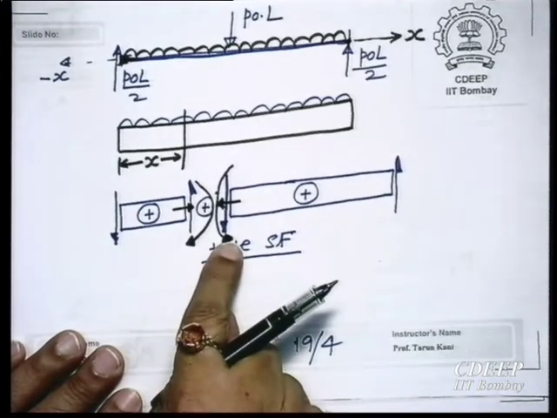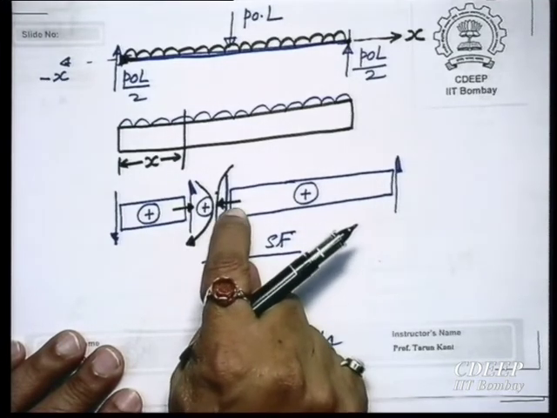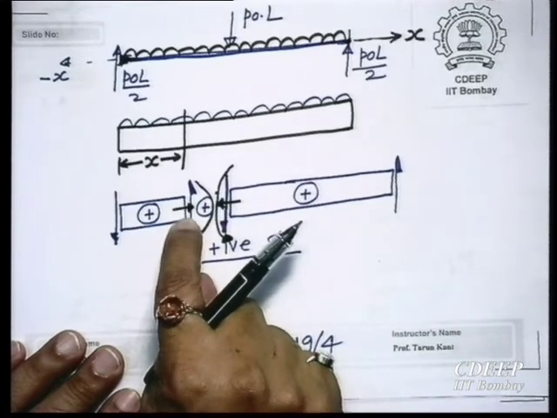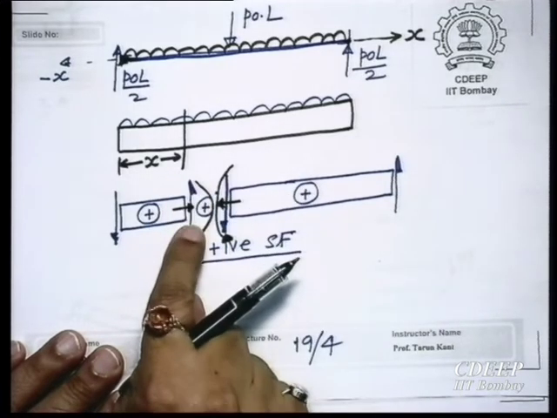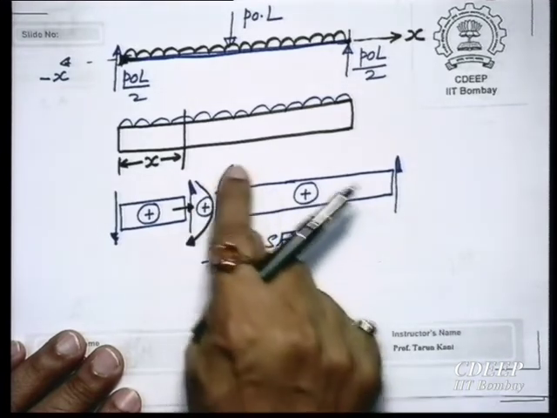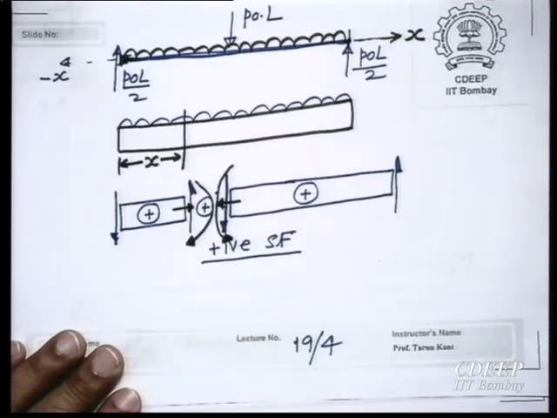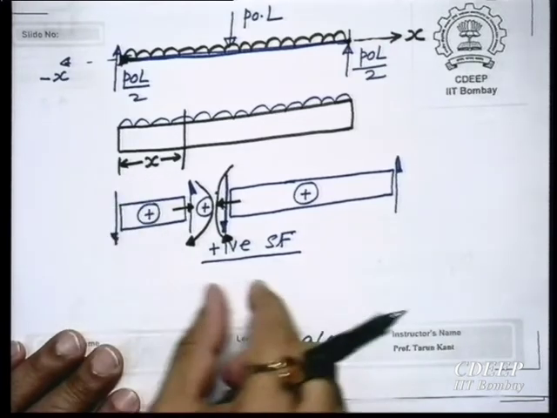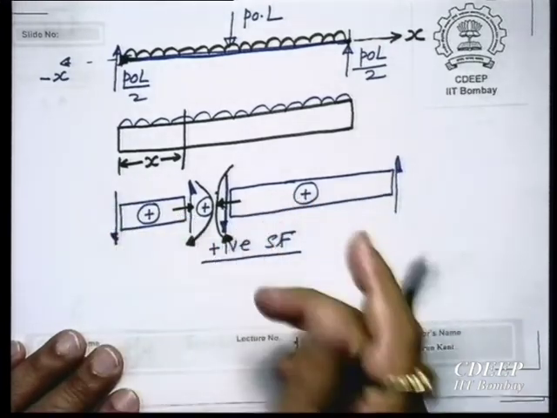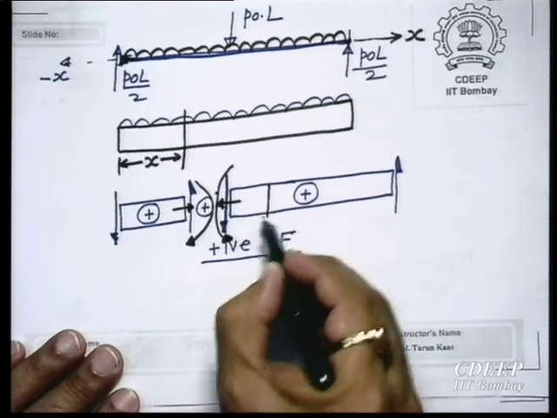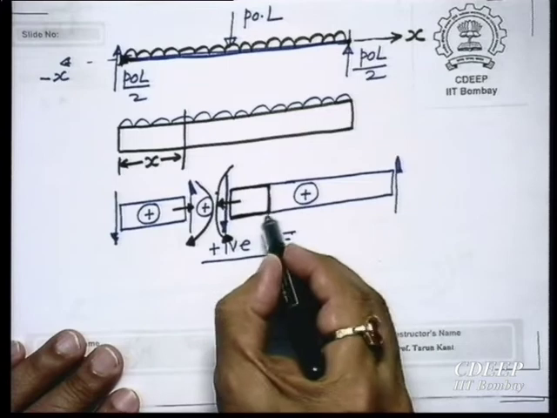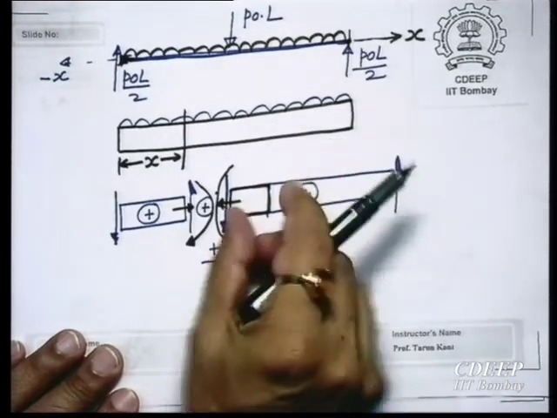So this is the negative phase, this is a positive phase. So on a positive phase you have this as my positive, on a negative phase this is the positive. So this one is negative phase. If you take a small element, that means if I cut a small element, so this is positive and this one is negative.